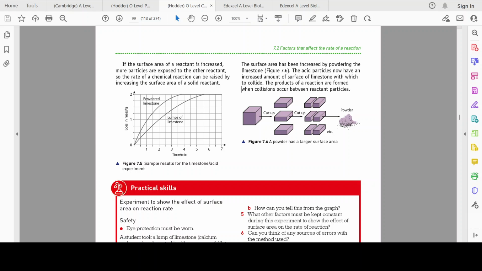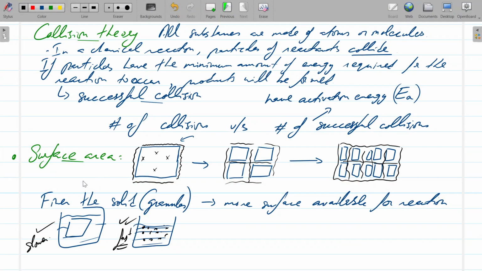Now in this case, going back to the whiteboard, there we are. So you've got HCl plus calcium carbonate, and that reaction will give you calcium chloride and carbon dioxide and water.